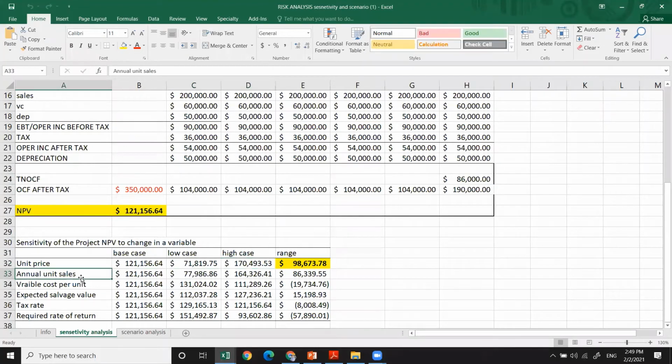If you change the annual sales, this will be the NPV. If you change the variable cost, this will be the NPV. And for the last variable, if you change the required return, you do it one by one, not everything at the same time, but only one variable. This we call sensitivity analysis. The idea is that we need to find out which variable the NPV is more sensitive to.